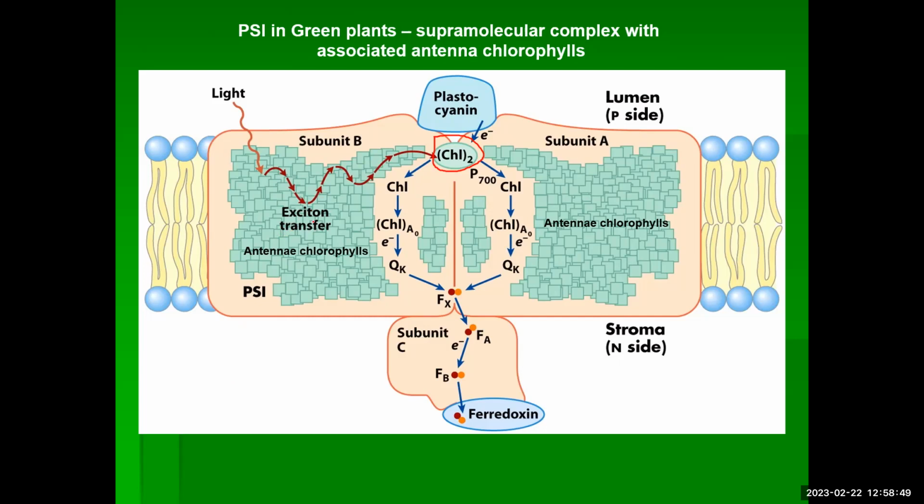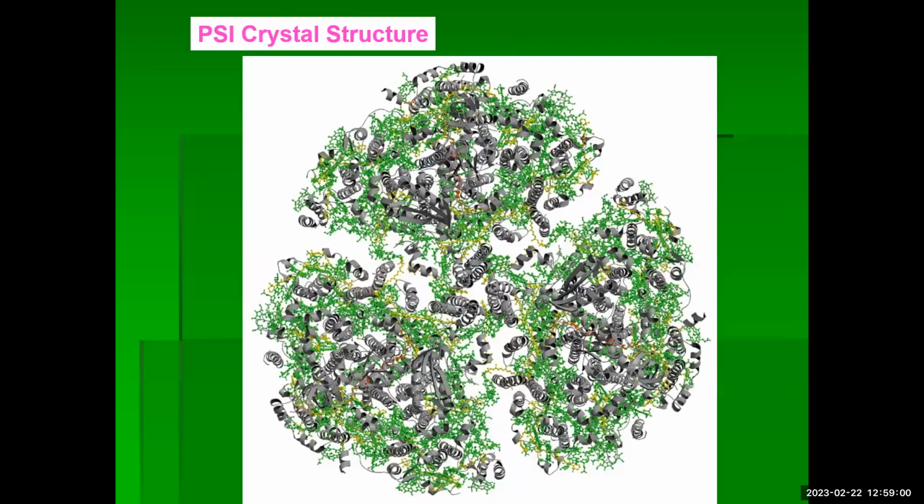Plastocyanin migrated from PS2 to PS1, and we can see it right up here. This is a beautiful crystal structure picture of the pigments and the polypeptides of PS1.